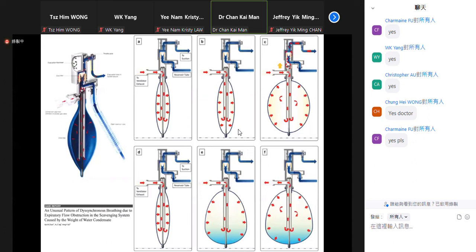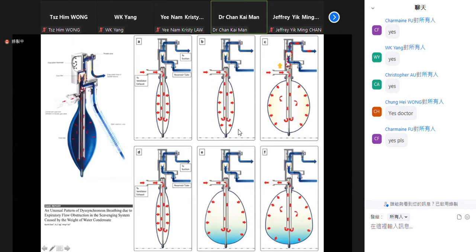So now the long axis of the bag remains, and the rod valve will remain closed, and this has caused an expiratory obstruction of the circuit, and this also caused the pressure to build up during expiration.